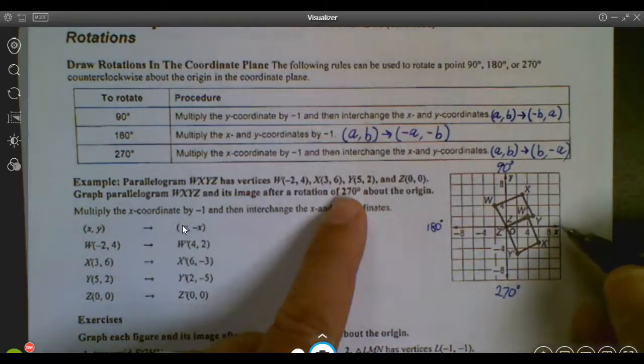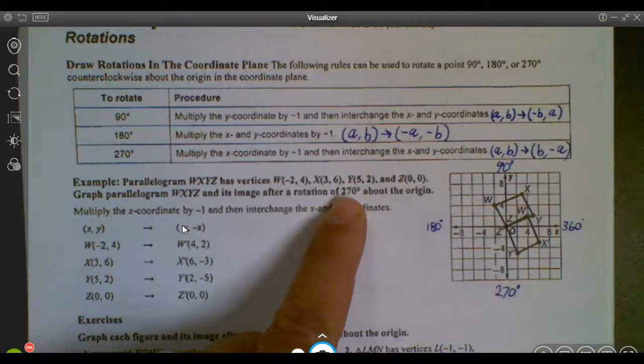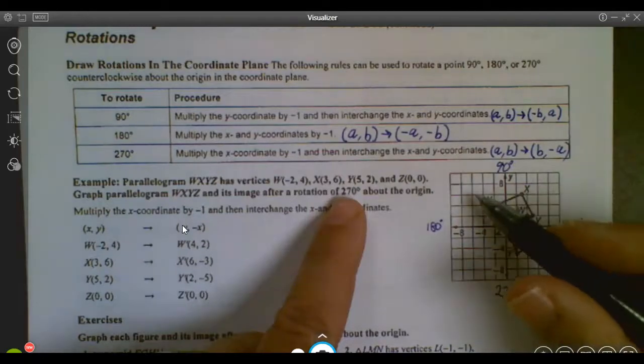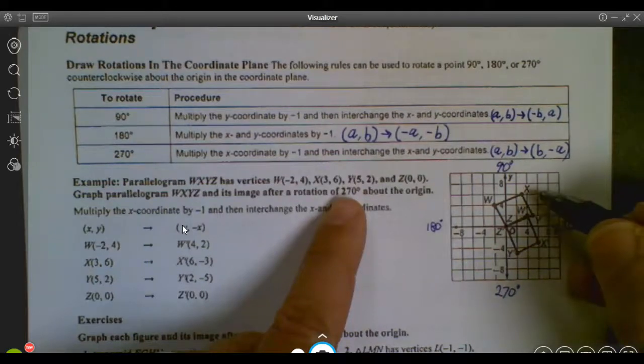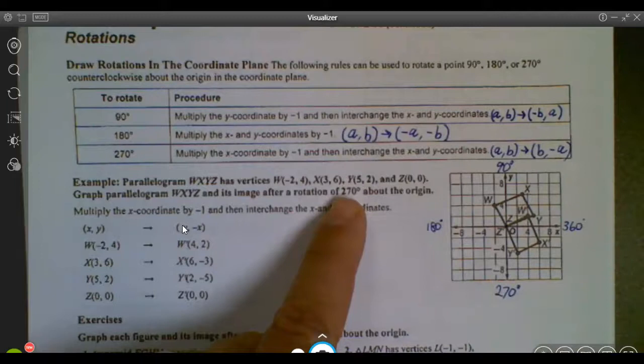And if I did another 90, I would go full circle back to where I started at 360 degrees. So when they tell you to rotate 270 degrees, what they are really telling you is to rotate 3/4 of a circle. Or if you look at quadrants, this is quadrant 1, quadrant 2, quadrant 3, quadrant 4, they are telling you to rotate 3 quadrants, right? So what was here would go 1, 2, 3 quadrants and end up 3 quadrants away in the counterclockwise direction.